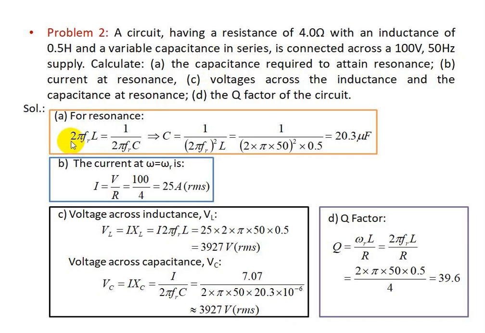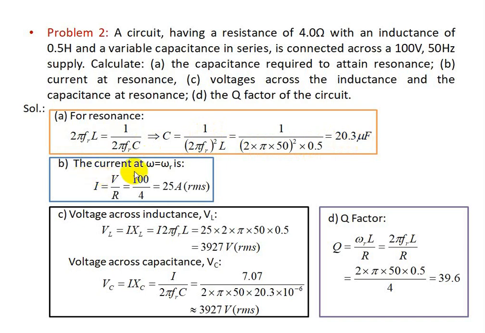We know that at resonance omega R L will be equal to 1 by omega R C. Omega R is 2 pi F R. So therefore X L is 2 pi F R into L. This will be equal to 1 by 2 pi F R C. So from this we find C. C will be equal to 1 by (2 pi F R) whole square into L. So substitute the values, frequency is 50 and L is 0.5. So we get the capacitance value as 20.3 microfarad.